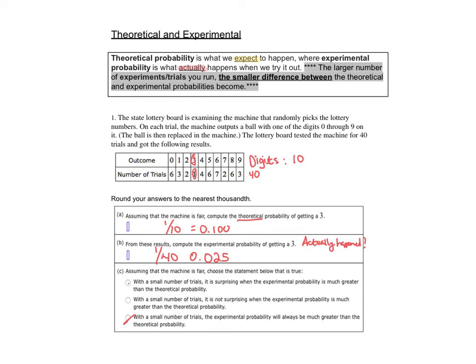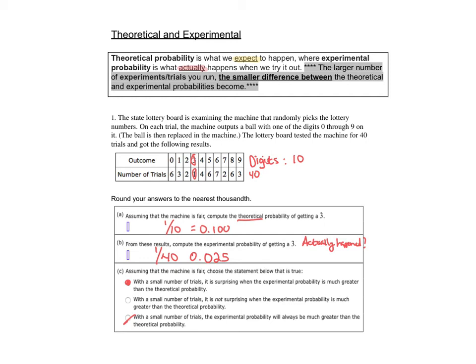It is surprising when it's greater, because here's a rule. The larger the number of experimental trials, the smaller the difference between theoretical and experimental probabilities becomes. So if we ran 400 trials, our experimental probability would be closer to 0.100.